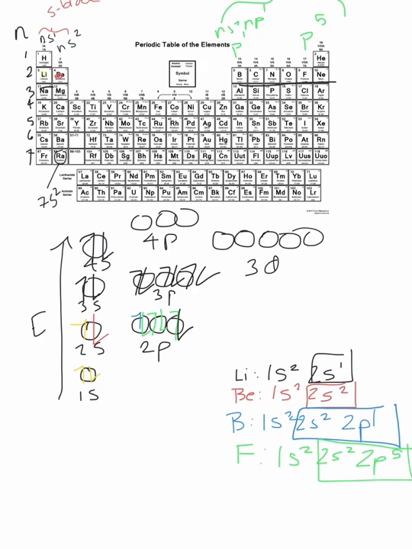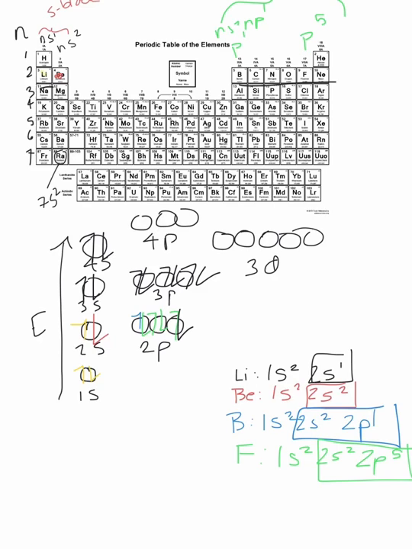So we have to decide if we're going to put those remaining 2 electrons in the 4p orbital or the 3d orbital. There are 2 ways that we can figure out what comes next. The first is to look at our energy diagram. 3d is lower in energy than 4p, so 3d is going to be filled first. The other option is to look at the periodic table.